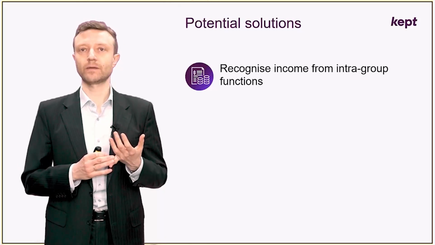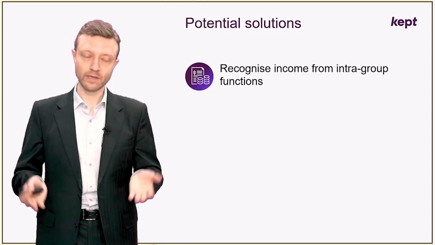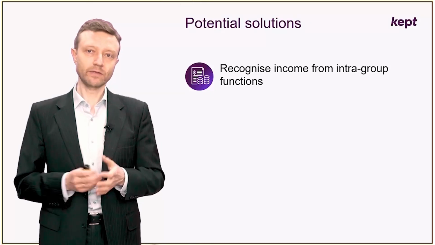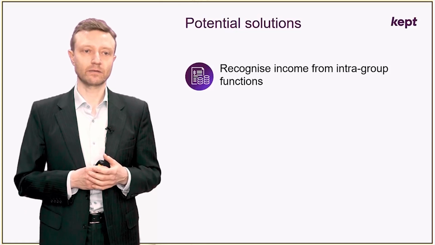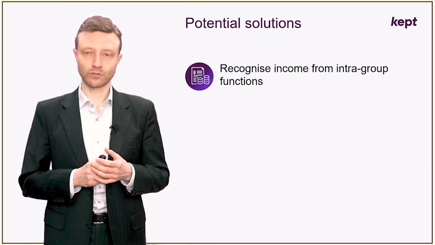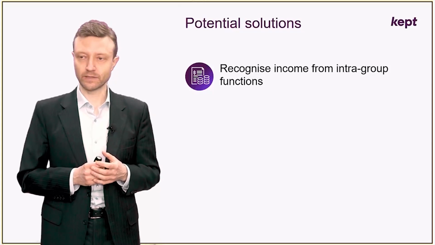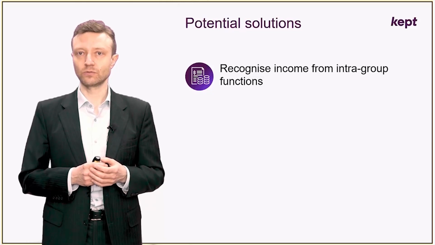So first of all, there may be reasons for the loss-making company to incur losses. It may have significant costs, and this may mean that this company either employs people or provides some valuable and important intra-group functions. And making sure that this company receives income from these functions is one potential solution to address this risk.